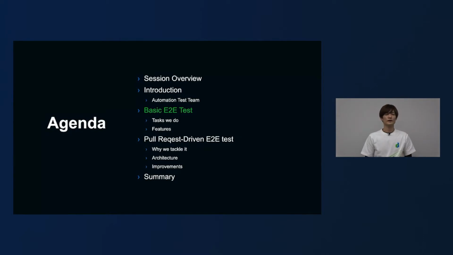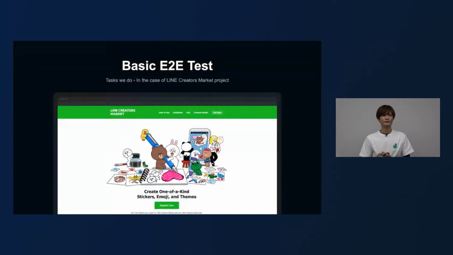And then with the traditional E2E test, what is the scope of the project? And also, what sort of effects have we seen? And also, in order to do E2E testing, what sort of issues have we faced? I would like to share some examples of projects. The project that I am going to talk about is the LINE Creators Market, which is our service, and you may have used this.